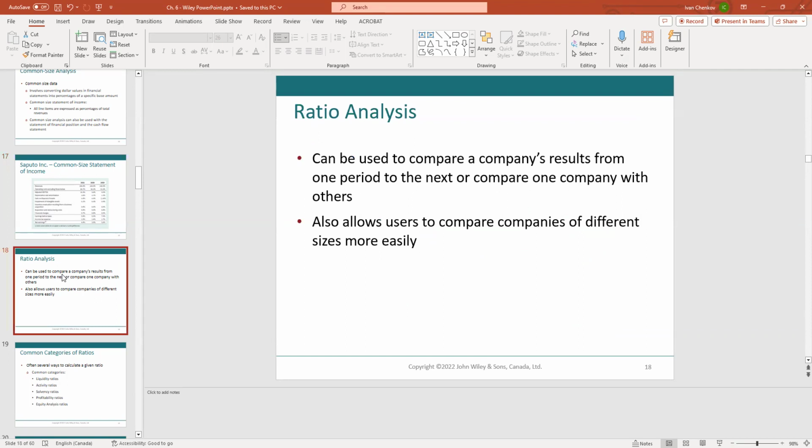But that's just expectations. Now, for the ratio analysis, we can use it to compare the results from one period with the next period, or compare one company with another company. We also can use it to compare companies of different size more easily once we're using these common size financial statements.